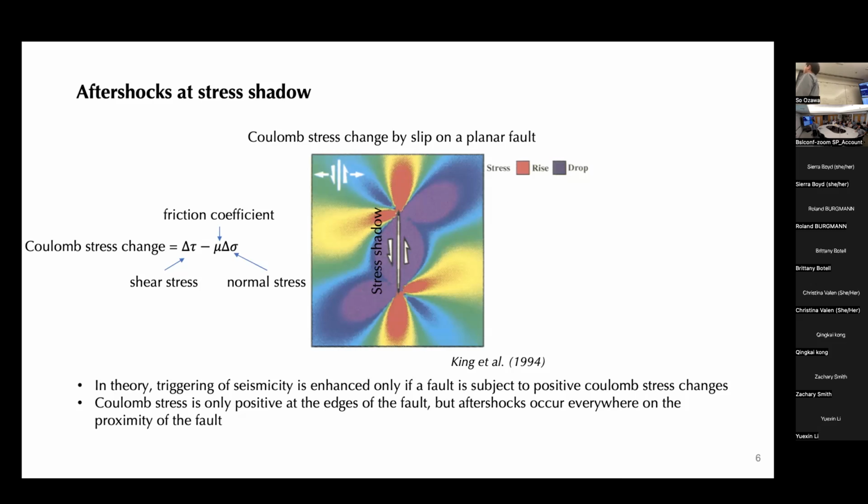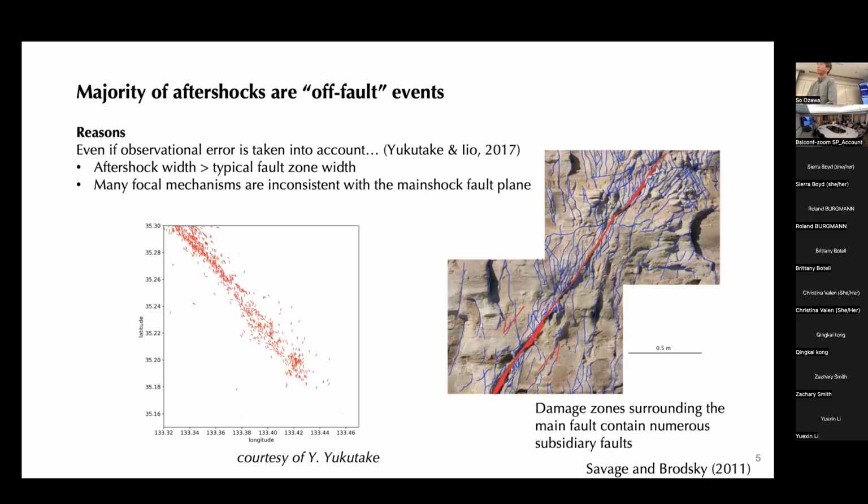The Coulomb stress increases only at the tip of the fault because there is a stress concentration. And inside of the fault, in this region, the Coulomb stress change is almost negative for many different types of receiver fault orientation. So it's a little bit surprising that aftershocks are actually happening everywhere on the fault, as you see from this type of typical aftershock distribution.